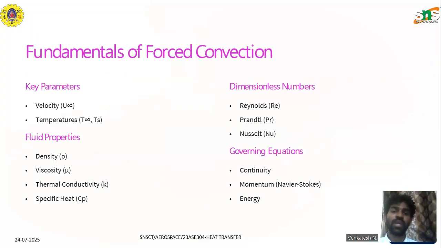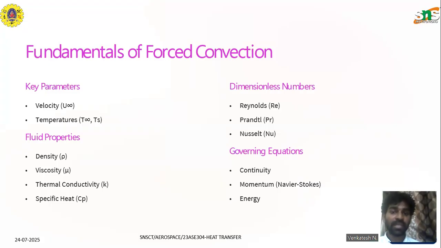So now we have to introduce the key parameters, types of numbers, and some governing equations. Basically, we know that the dimensions are L, V, and T, like length, velocity, and temperature.